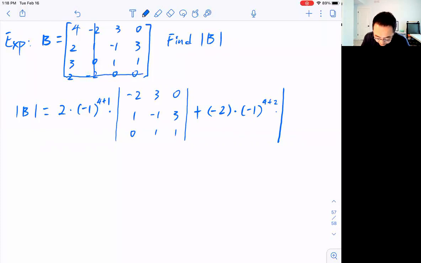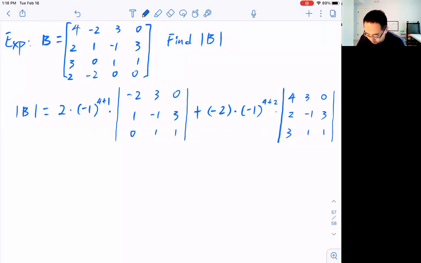If you do that, again, I'm going to get rid of these lines, you have a 4, 3, 0, 2, -1, 3, and 3, 1, 1. I hope everybody's with me.